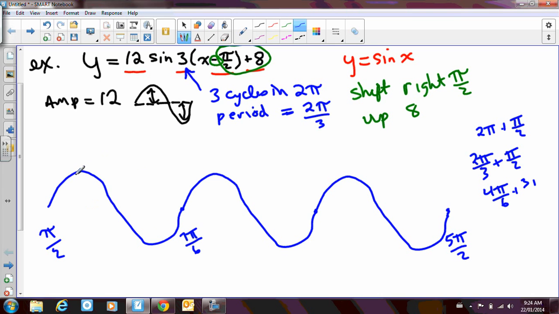And then I recognize that my amplitude was 12. That means my graph would have gone up to 12 and down to -12. But because it's been shifted up 8, I've got a value of 20 up top, and -12 plus 8, -4 on the bottom.